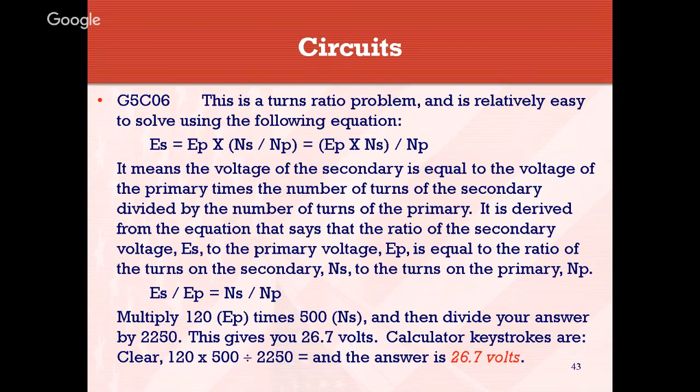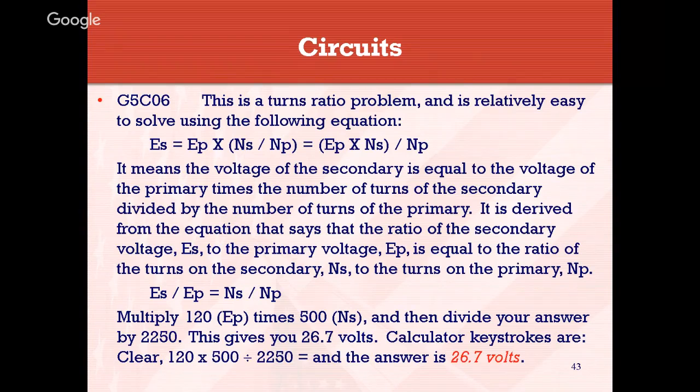So again, secondary voltage divided by primary voltage is equal to the secondary N to the primary N.